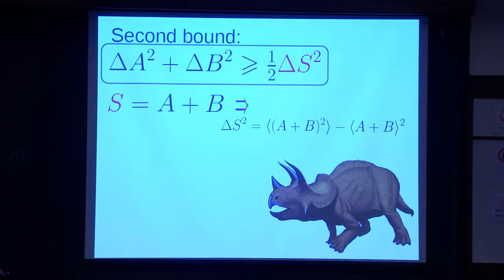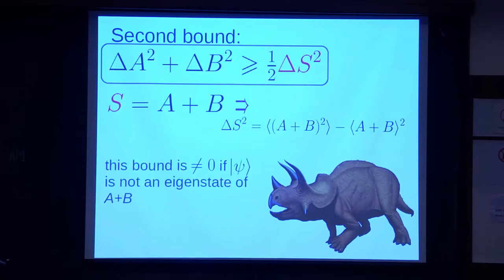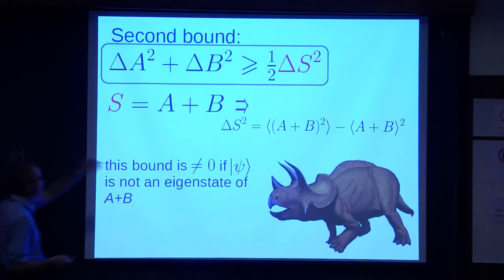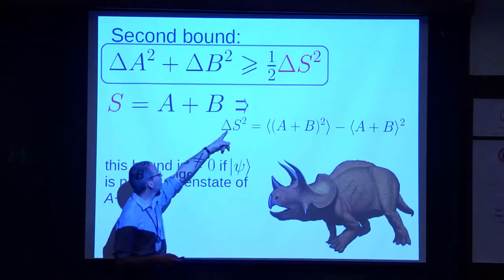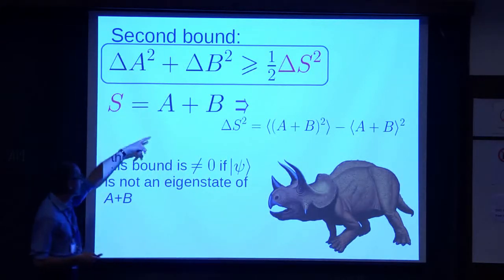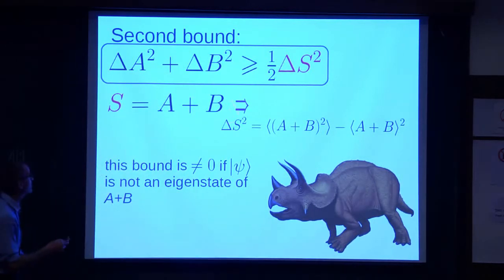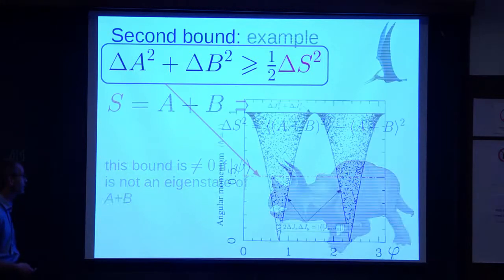Okay, and this is very simple, the nice thing is that it's very simple. The not so nice thing is that it can be 0 if the state of the system is an eigenstate of the sum of the observables. Okay.